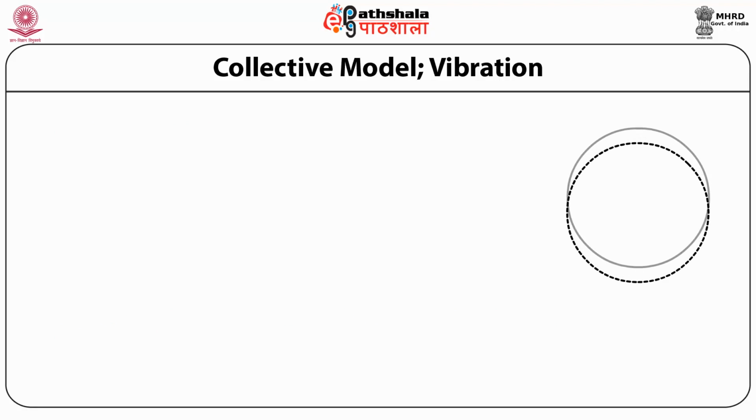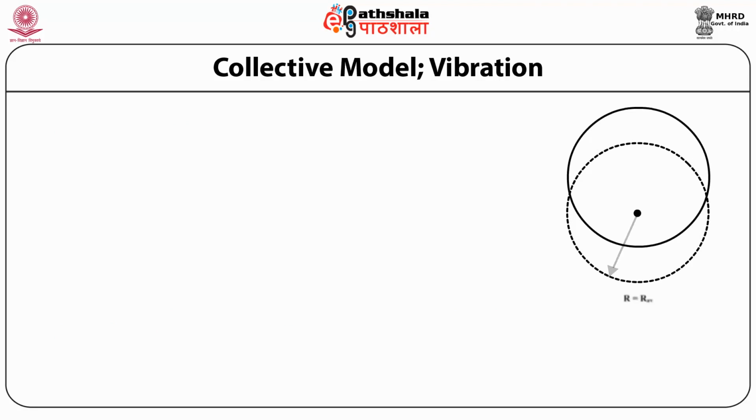Collective model vibration. Now in this slide we are going to study how the nucleus behaves when we have λ equal to 1. The λ equal to 1 mode is called the dipole mode of vibration.